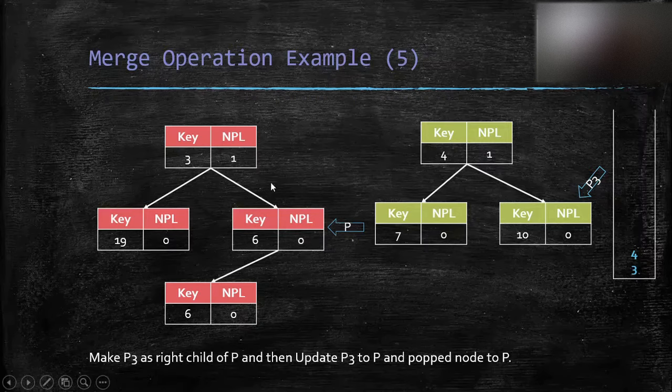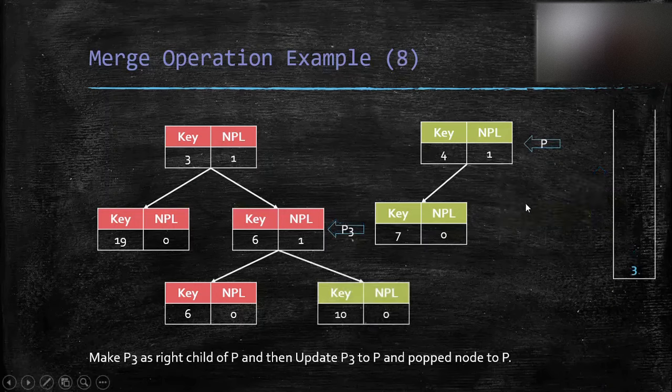So make P3 the right child of this P. So the children of that 10 would be the right child of this. Here in P3 the heap property does not get violated, so we don't need to do anything.